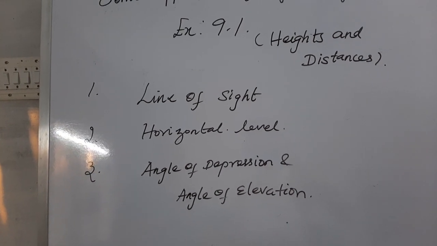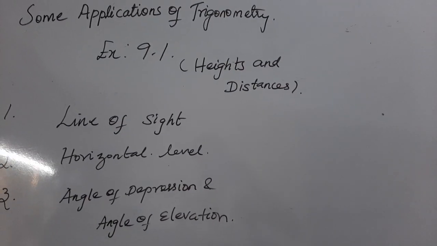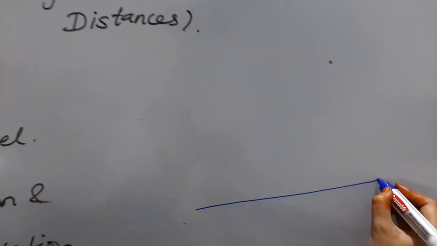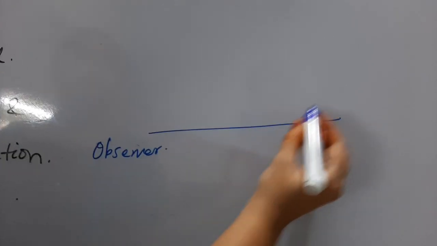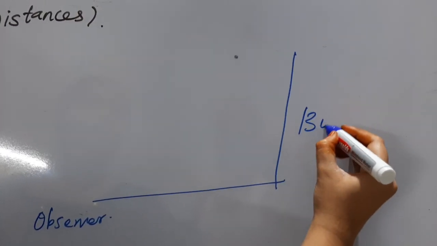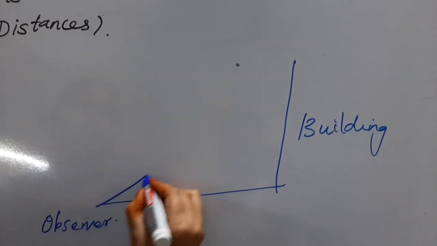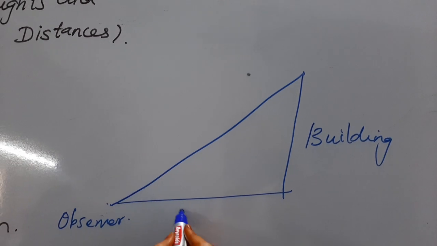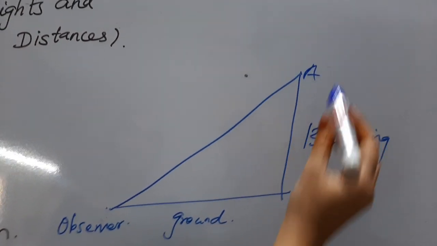When an observer is observing a particular object, if we draw a line from the observer to a point on the object... An observer is standing on the ground. This is the ground in which there is a building AB.